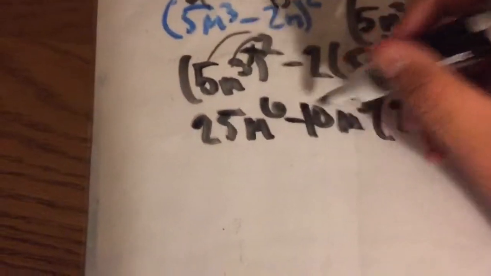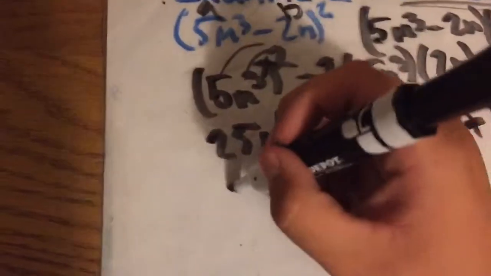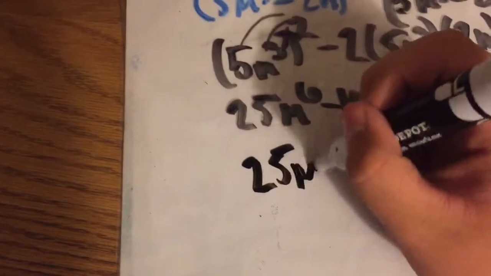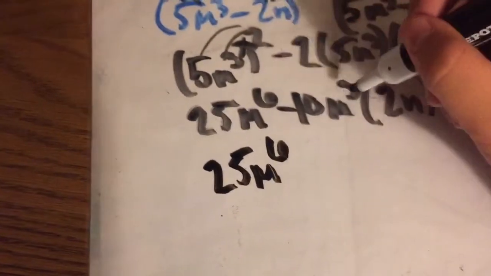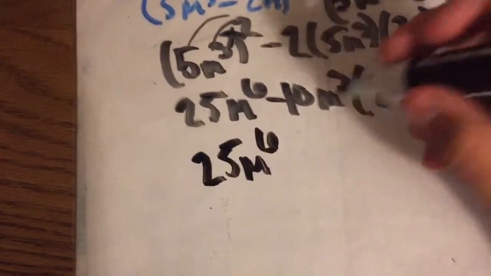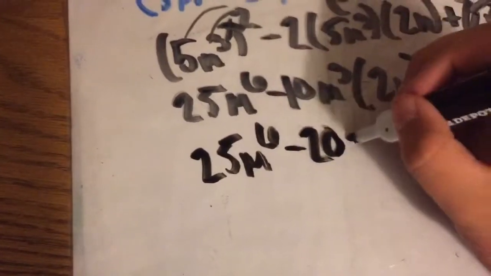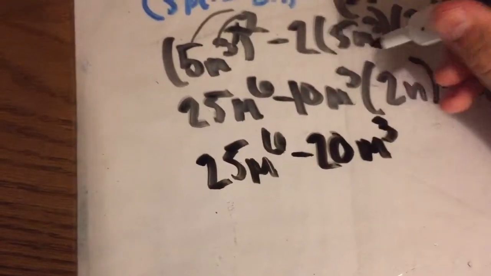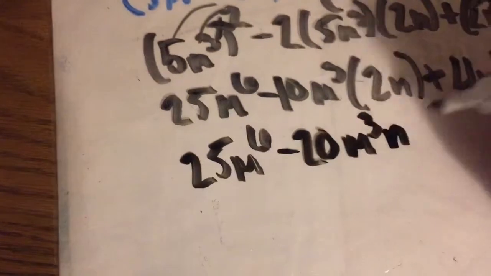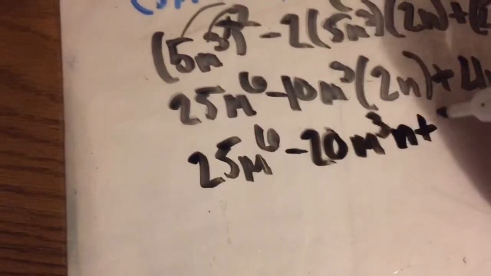Next, you're going to multiply the middle terms. So 25m to the 6th, and negative 10m cubed times 2n is going to be negative 20m cubed n, plus 4n squared. And that's your final answer.